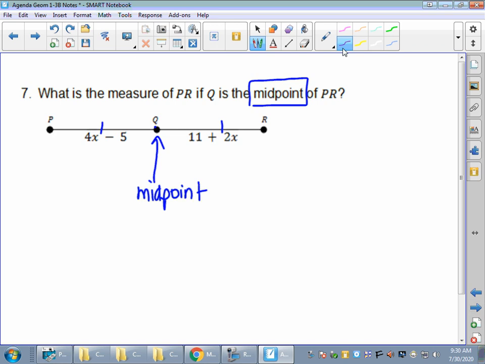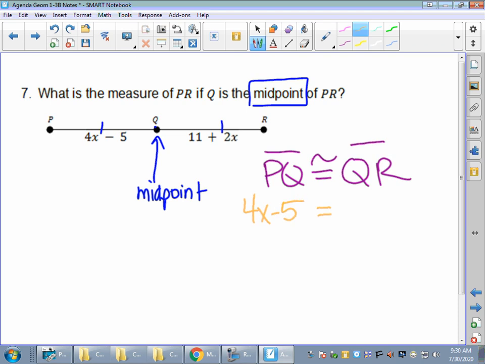It's directly in the middle of point P and point R. So if PQ is congruent to QR, notice my geometric statement, I could really easily then put that problem into an algebraic form. Substitute those values from the diagram and go ahead and solve that.